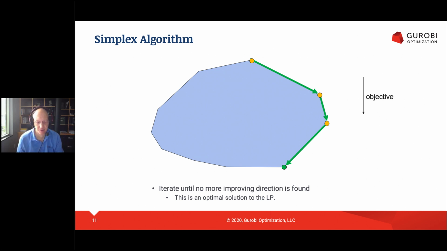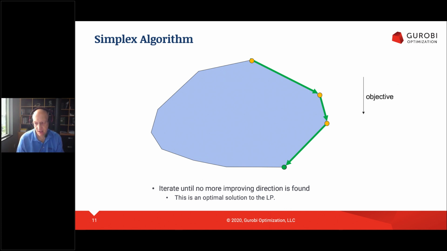This is a 2D representation of a polytope, of a feasible region. Each of the edges represents a constraint, and the blue region represents the feasible region. And simplex traverses the exterior of the polytope. So you are always at a particular point on the exterior of the polytope, at a vertex.